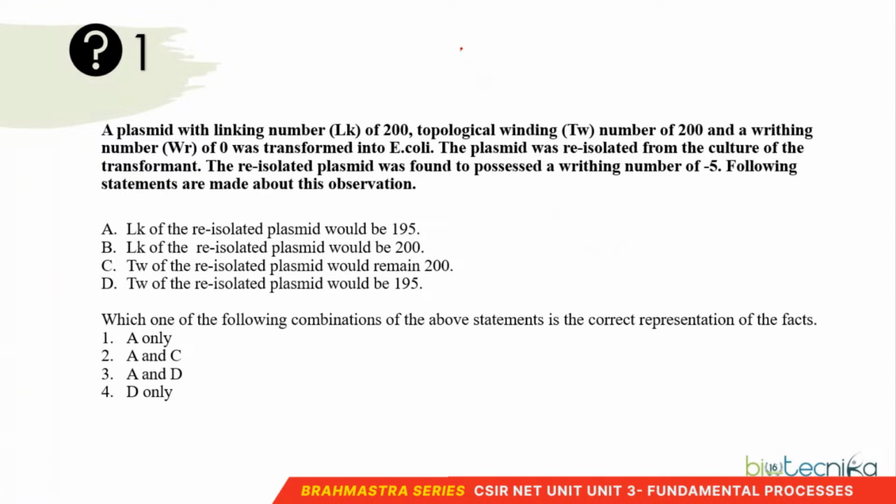So we know that linking number is equal to twist plus writhe, right? Now, initially, as per the question, it is 200 equals 200 plus 0. Okay, this was the condition of the DNA initially. Now what happened when the plasmid was re-isolated from the culture of the transformant?